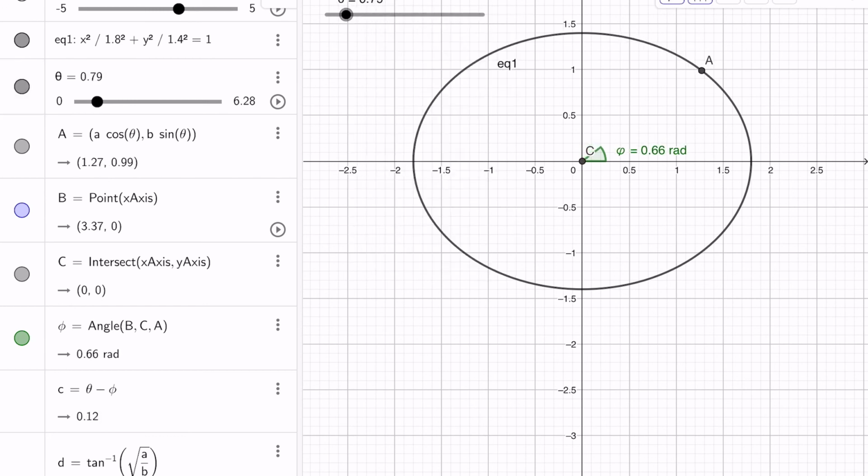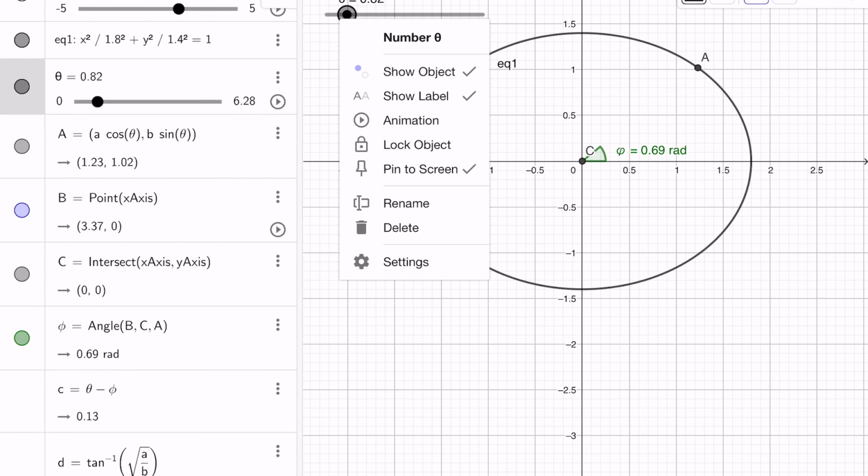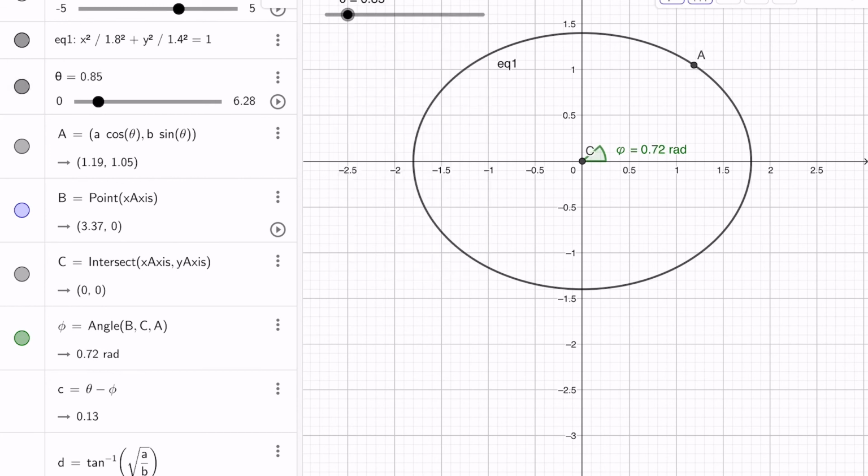So that formula is telling us that we're in the right spot. When it's 0.85, it's the biggest difference. Although there isn't much of a difference either side of it because of the shape of my ellipse being so close to being a circle.